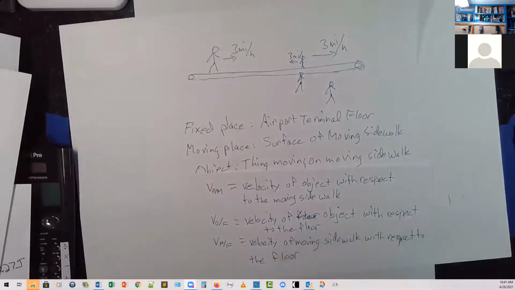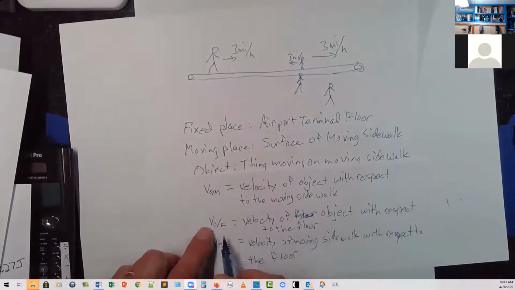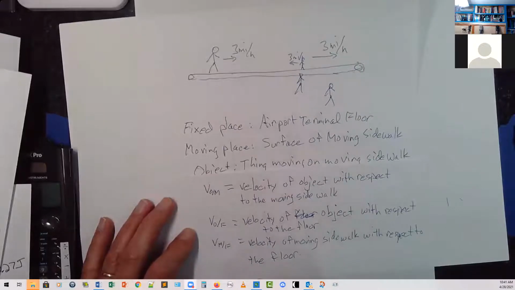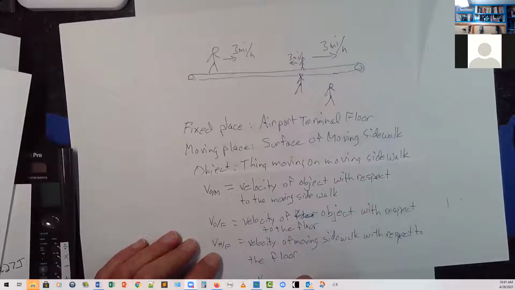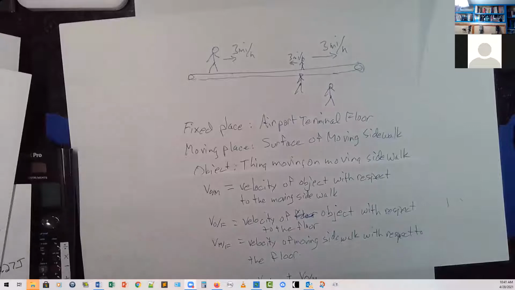And what I get is that the velocity of the object relative to the floor, the fixed floor, will equal the velocity of the moving sidewalk with respect to the floor plus the velocity of the object with respect to the moving sidewalk.